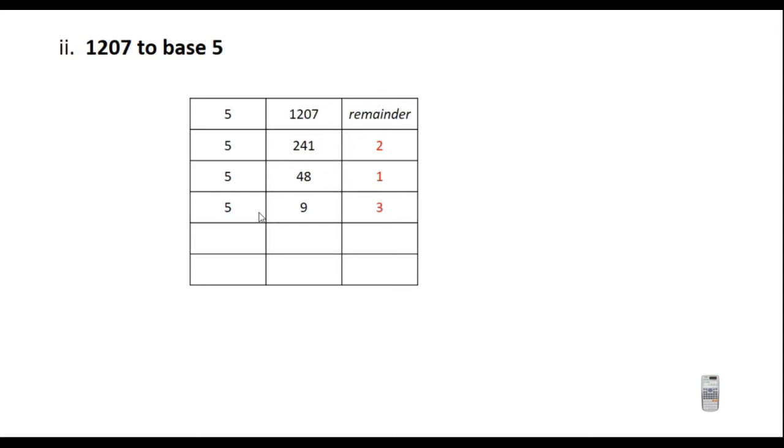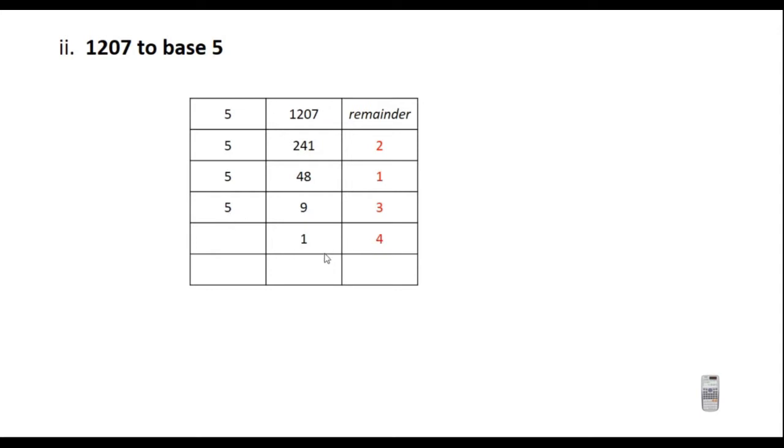If you want to find the remainder, multiply 9 by 5, and 9 times 5 will give us 45. You subtract 45 from the number on top of it, which is 48, and that will give us a remainder of 3. The next one, you divide 9 by 5, and we are getting 1 as the whole number, then a remainder of 4.